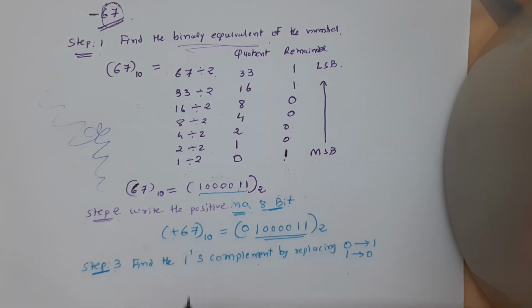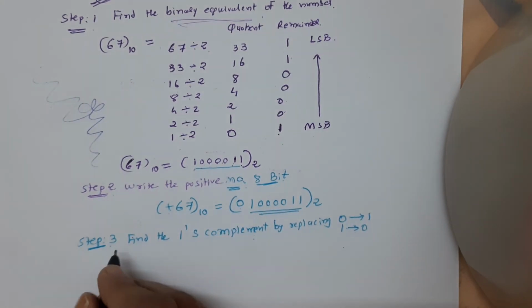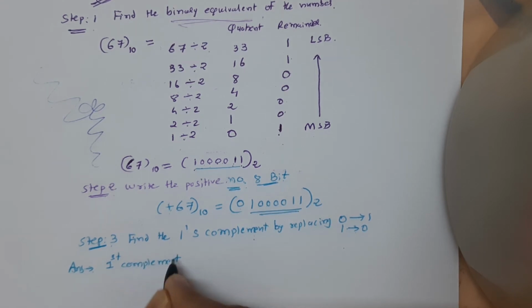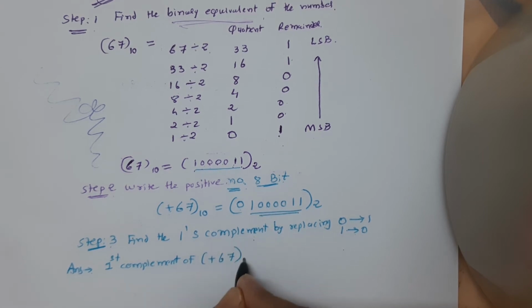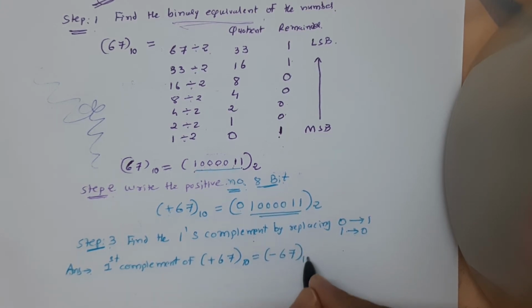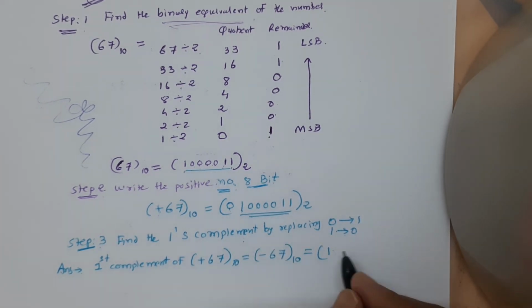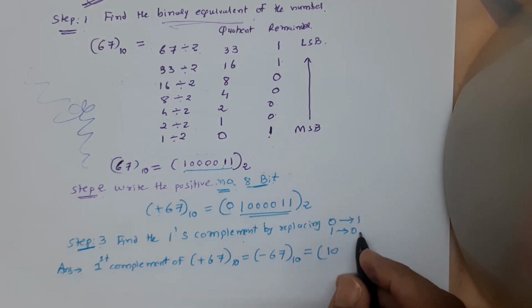So the ones complement of plus 67, that is minus 67, is equal to, instead of 0 we write down 1, instead of 1 we write down 0, right?